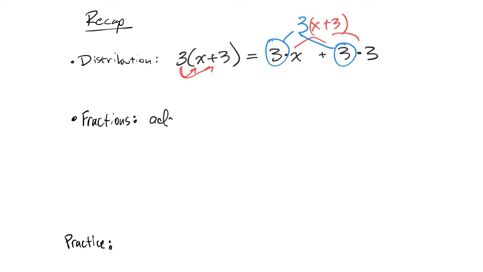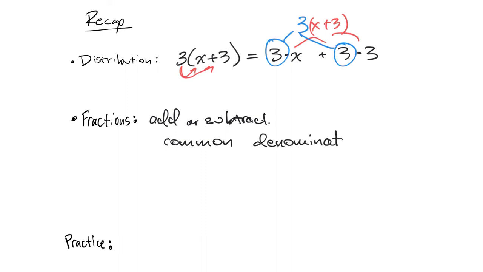Fractions. We add or subtract. We need a common denominator. That's the number on the bottom of the fraction. When we multiply, we go straight across.